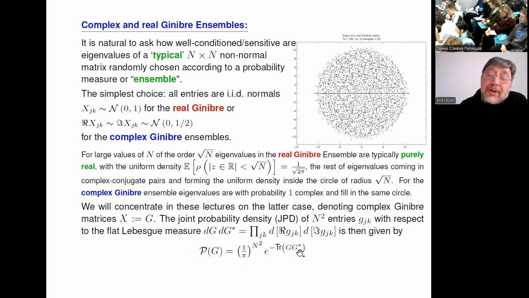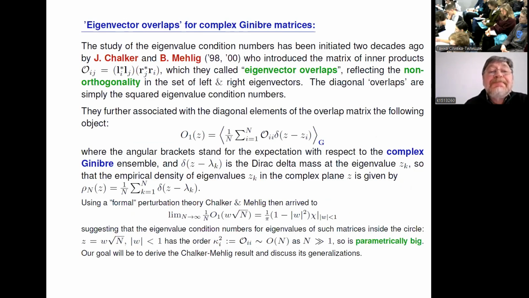So from this form, it's obvious that entries are Gaussian distributed complex numbers, and just restoring normalization, we get this normalization factor. So this will be the ensemble of random matrices which we will work with.